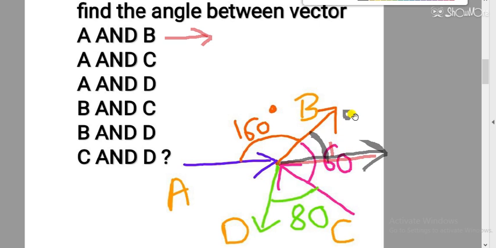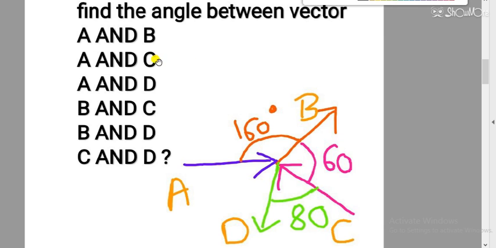So the angle between A and B is 20 degrees. I hope it is clear. You can note it down: 20 degrees is the angle between A and B. So I am clearing it now.